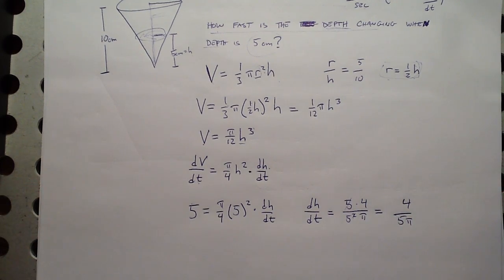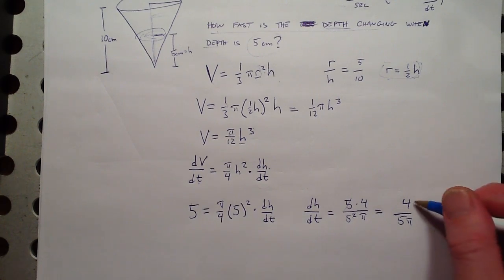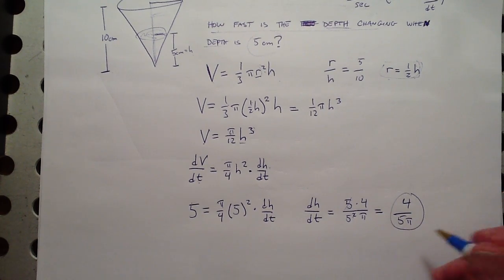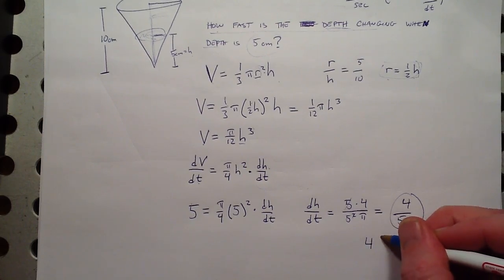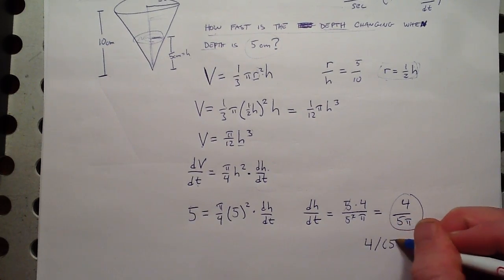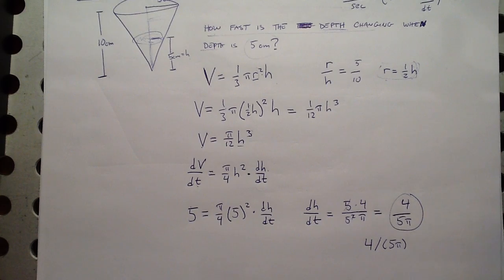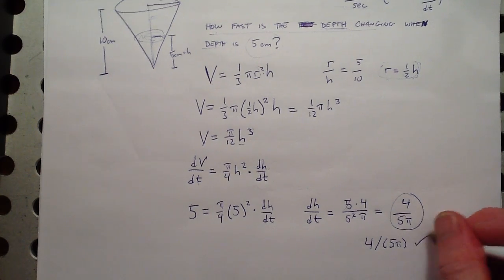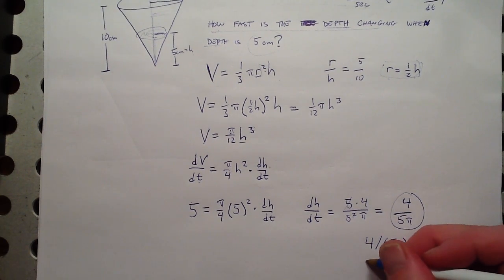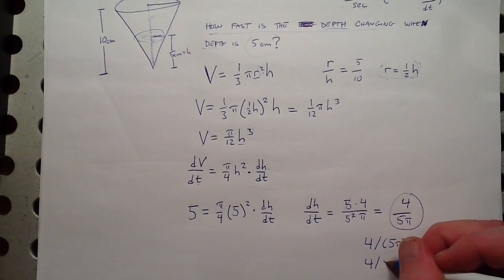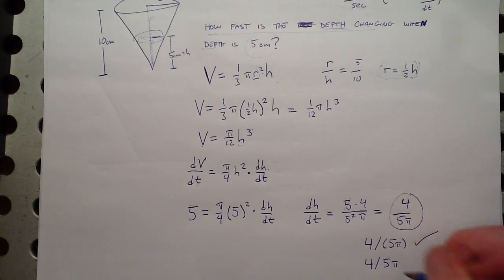And I will tell you, because I've seen this mistake so many times and I don't want you to make it, when you enter this in your calculator, you need to enter 4 over, in parentheses, 5 pi. That will give you the correct answer. If you enter 4 over 5 pi, your calculator thinks that you're doing 4 over 5 times pi.